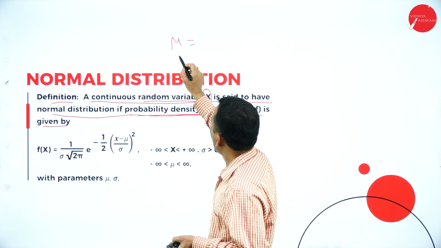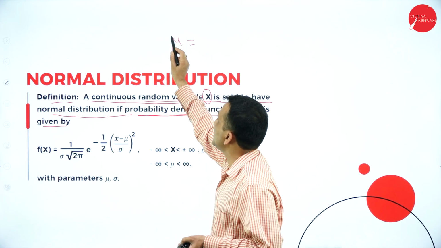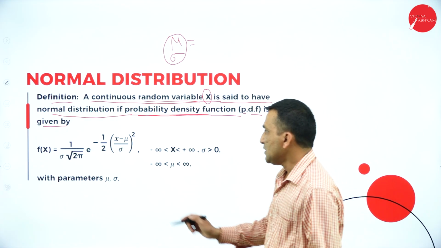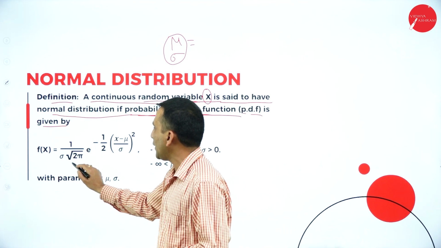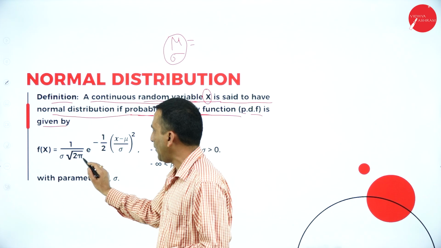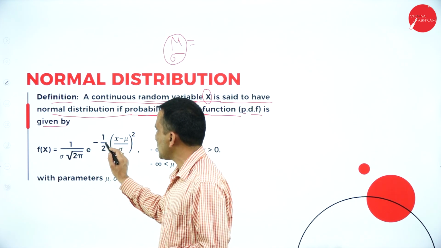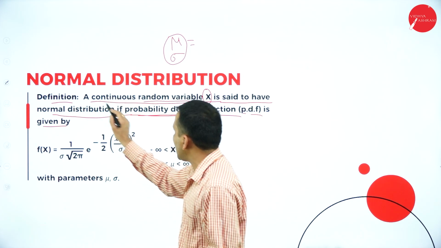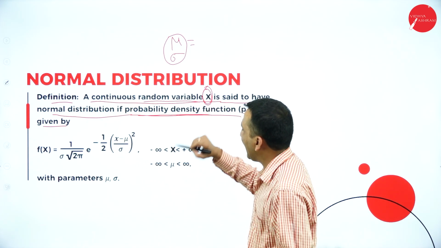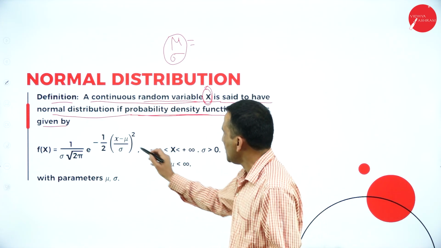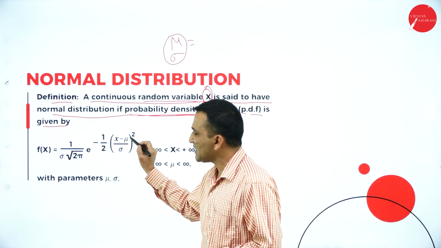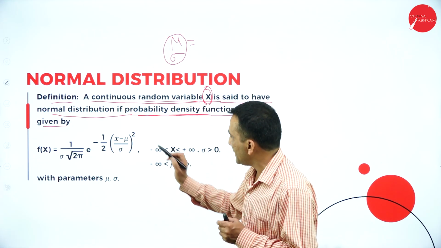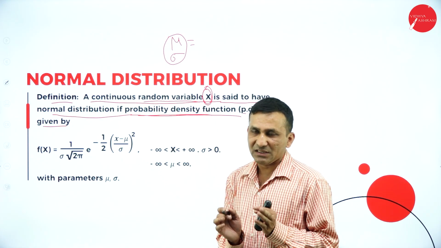One is mu and the other is standard deviation. These are the two very important parameters in the normal distribution. So here it is 1 divided by sigma root 2 pi, e to the power of minus 1 by 2, times x minus mu, divided by sigma, from the x series you have identified. You subtract mu, the population mean, and divide by the standard deviation; everything is based on the parameters only.